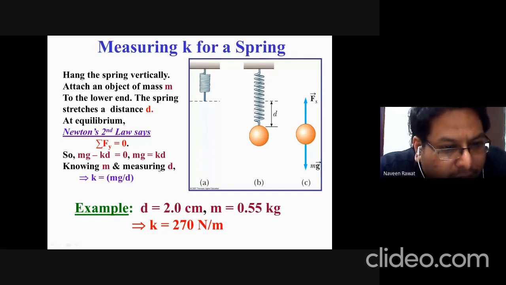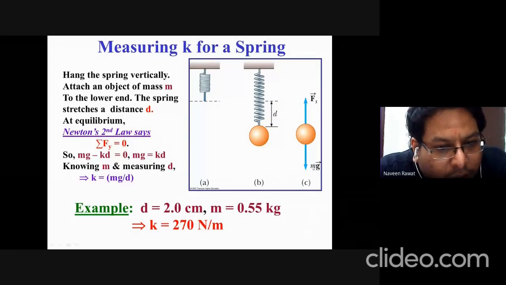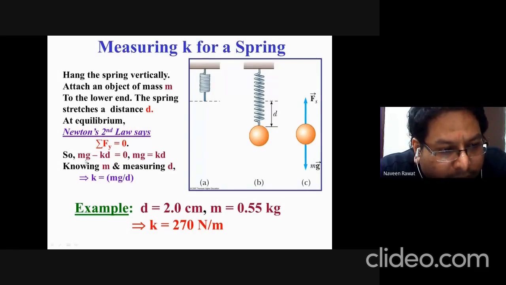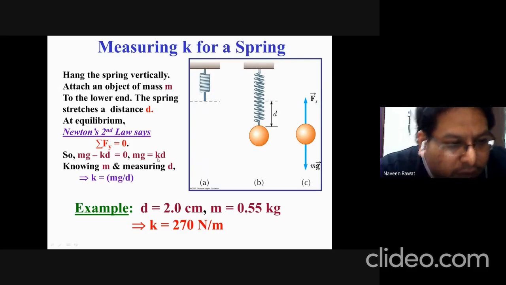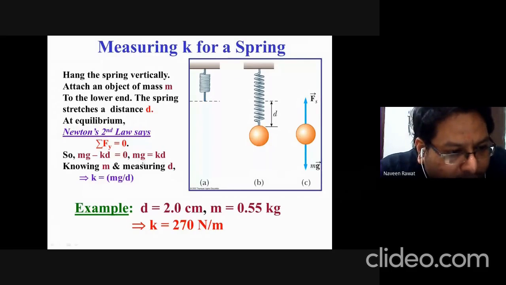If you write down the equation, because the motion is in this direction, the net force is mg minus k times your displacement d. If you equate it to 0 and divide by d, you will get k is equal to mg by d.